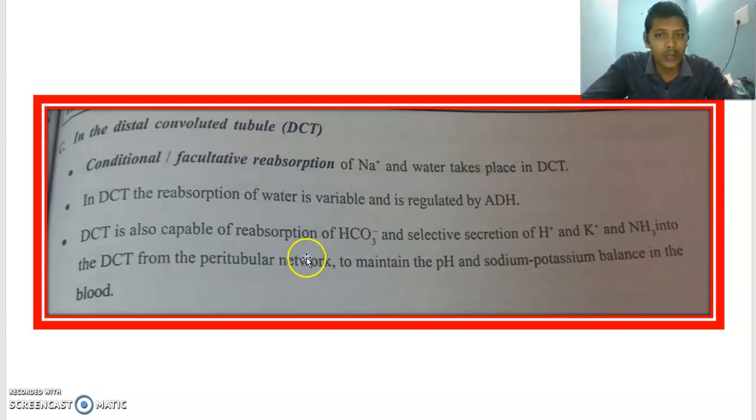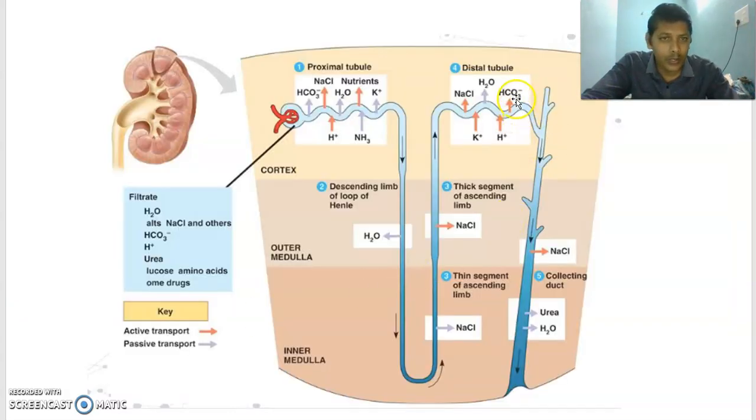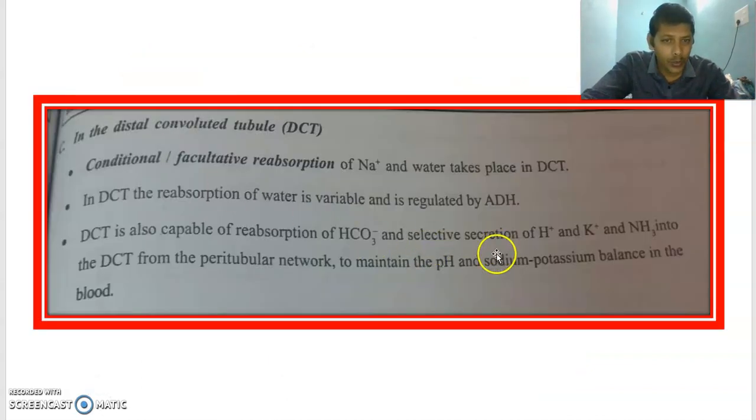Why does this happen? Observe here: HCO3 minus is the anion, and these two are the cations. The anion is coming outside, and these two are entering. Why is it happening? To maintain pH and the sodium-potassium balance in the blood.